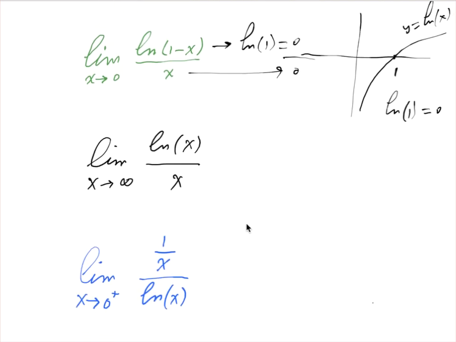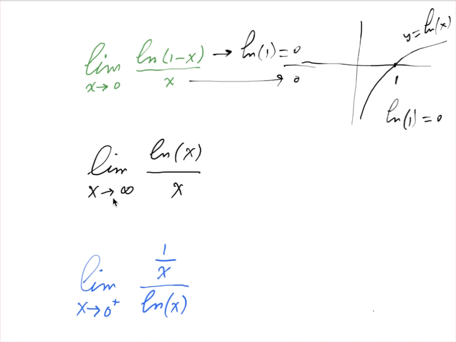Ln of x over x, as x goes to infinity: you can see from the graph, it's an increasing graph without bound. It keeps getting higher and higher, the ln, but slowly. Doesn't matter whether it goes slowly to infinity or at a higher rate, you would know that ln of x tends to infinity.